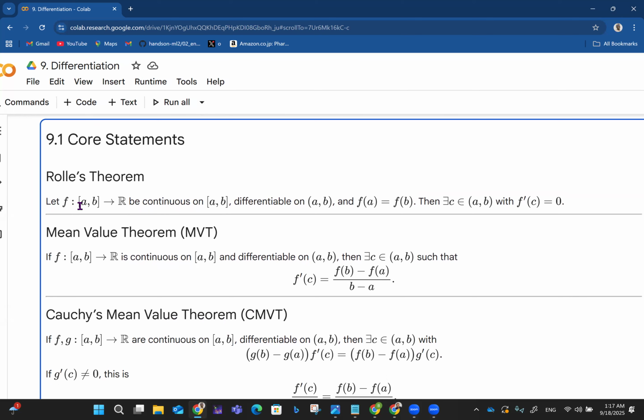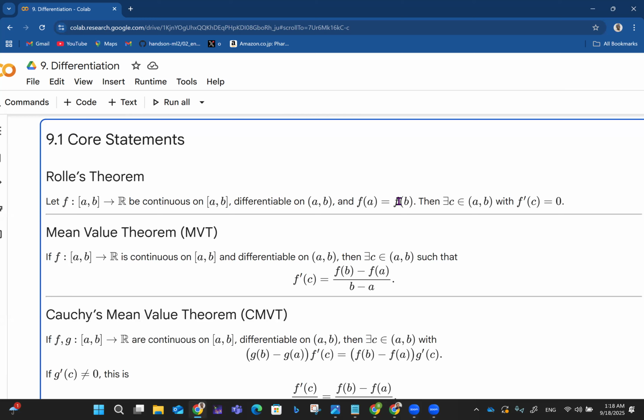Rolle's theorem says that if you have a function f which maps a closed interval [a,b] to the real number system, and f is continuous on the closed interval [a,b] and differentiable on the open interval (a,b), those are the two premises.